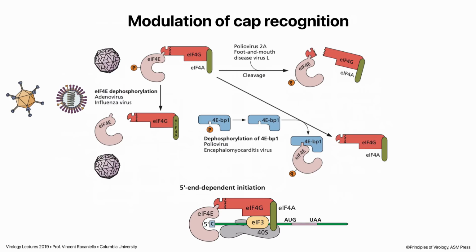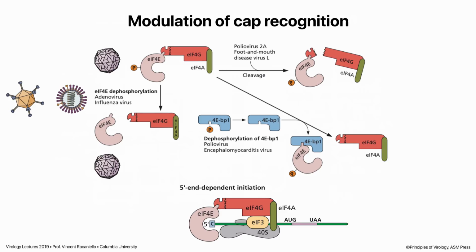These viruses encode a protease that cleaves EIF4G at that jagged line, and it separates away the cap binding protein. But these viruses don't need it. Poliovirus is not capped. It binds to the ribosome in a different way, as we'll see. So this is fine. This shuts off all capped mRNA translation, but the viral translation continues.